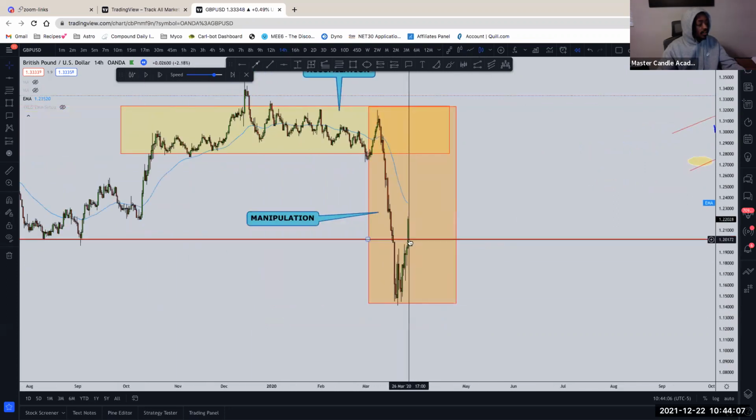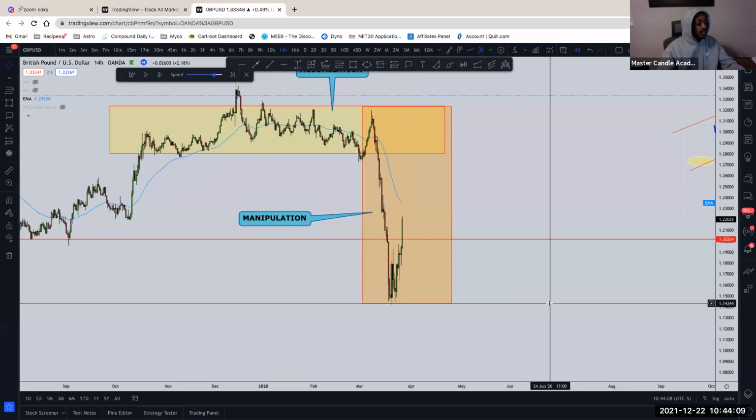What is this here? What did the market just give us? A V, right? The market just gave us a V. And what is a V? What type of reversal pattern is that?